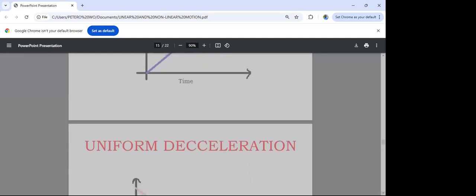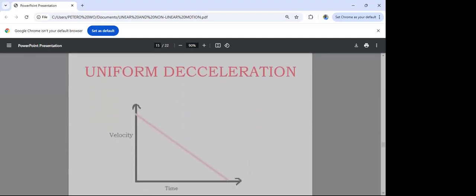For deceleration, which we said is a decrease in speed or reducing in speed, the graph will be like that. It comes from a high point to a low point. So whenever you see a velocity time graph which moves like that, then that one there is deceleration.